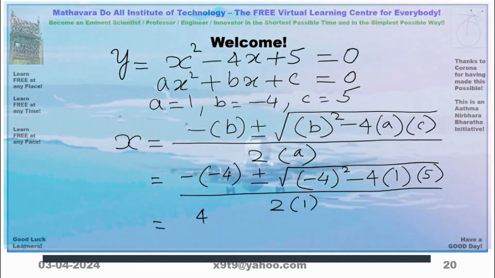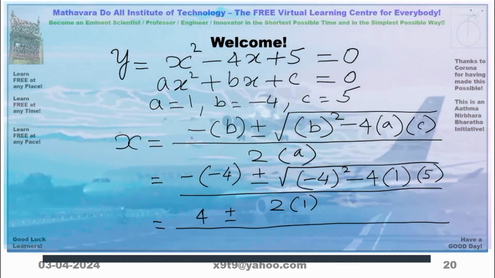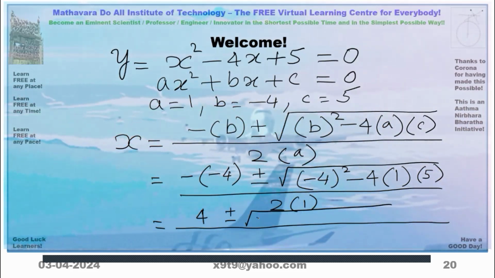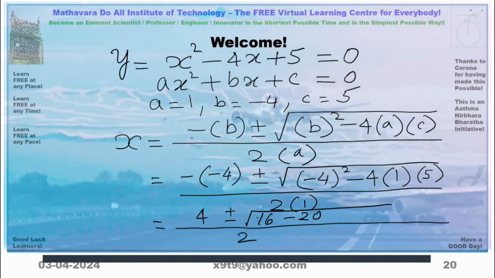So this becomes plus 4, plus or minus, square root of this is 16 minus 20. This is 2.